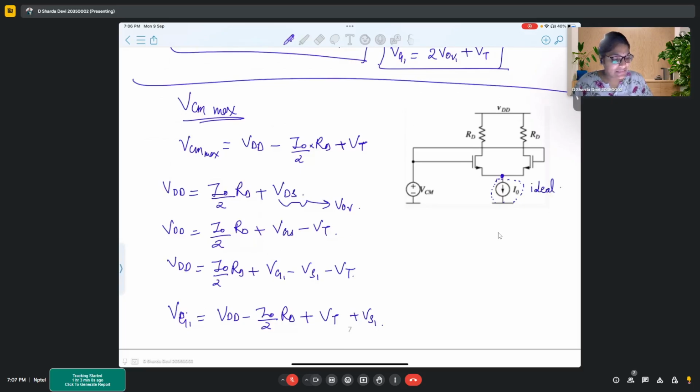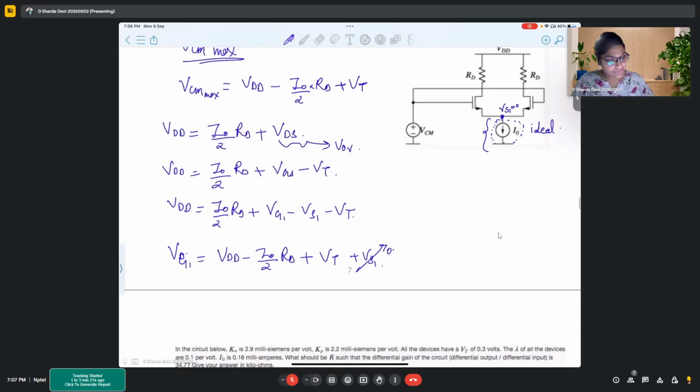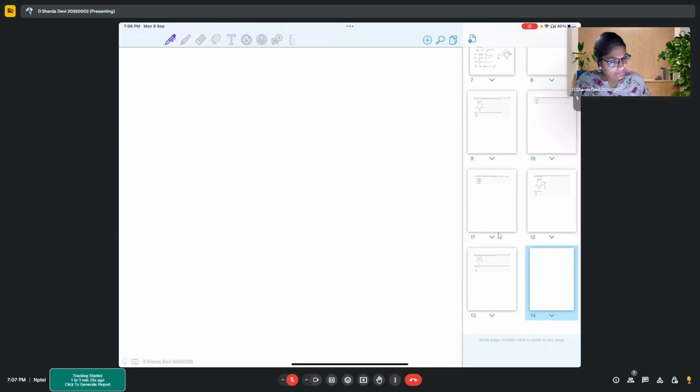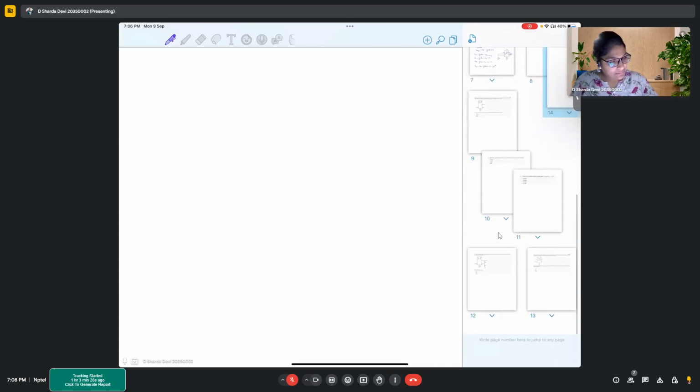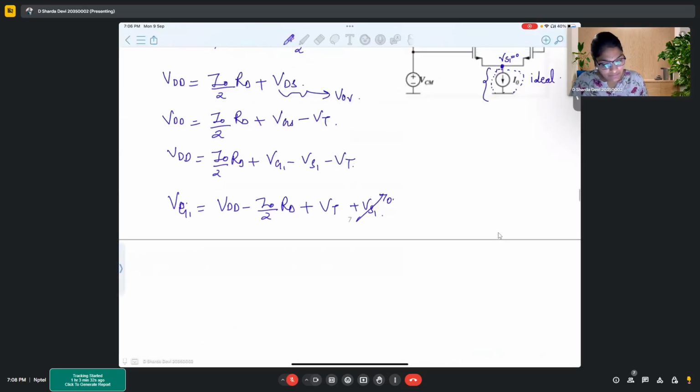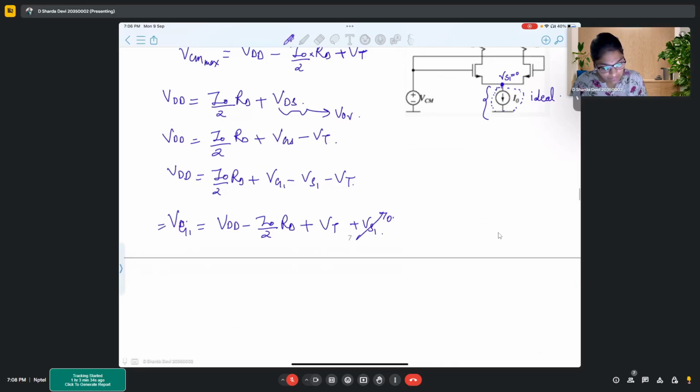In that case, we said there won't be any drop across this particular area, and from there we got VS1 to be 0. From a similar assumption, this has been turned to 0. So from there, the condition of maximum VCM, this is VCM max.